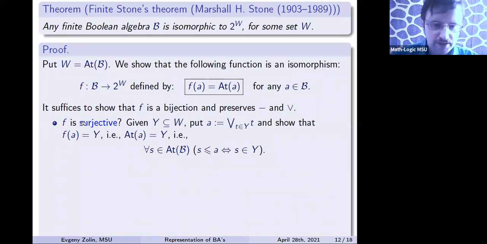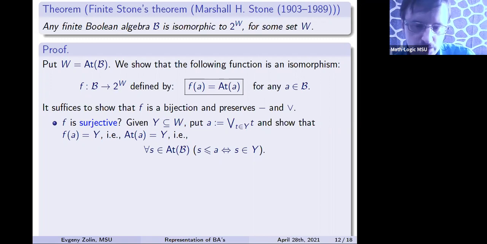Okay, what do we need to show? We need to show that if we take any subset of W, then we will build some element A such that f of A is just this element Y. So take any subset of W, and simply put, the set Y is some set of atoms.